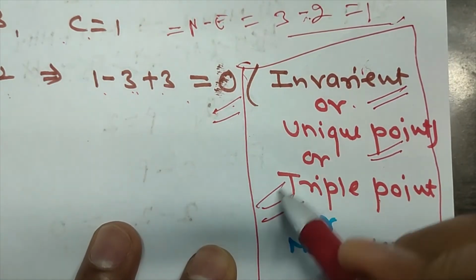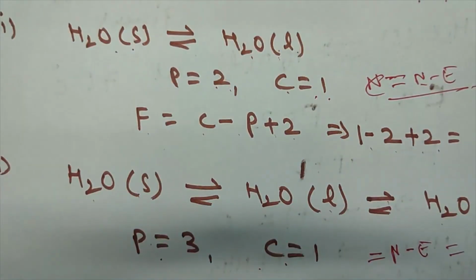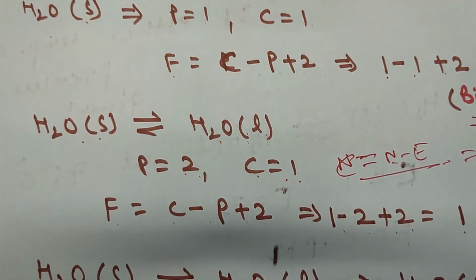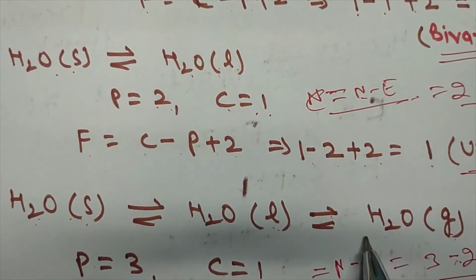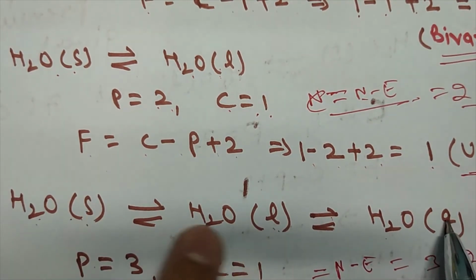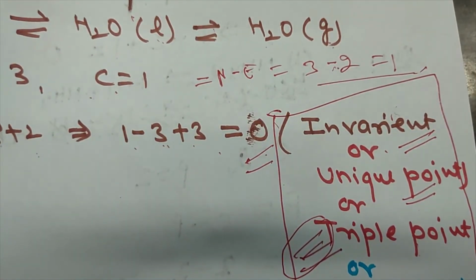This is very important. It has been asked several times: what is the triple point? If you consider these things, H2O solid, H2O liquid and H2O gas are in equilibrium at the same time: ice, water and water vapor at the same place. Yes, they can be.